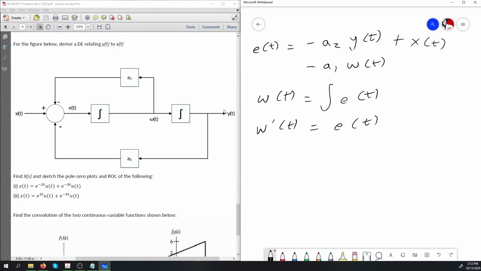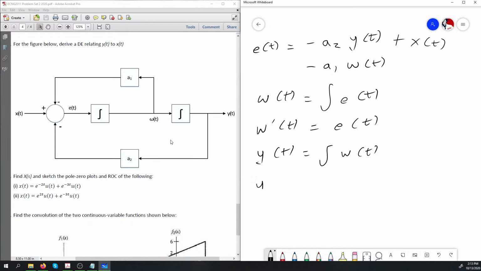If we watch our y of t signal here, just following the general trend, and we already have our omega of t signal here, y of t is just going to be omega of t, and then we just integrate that accordingly. So y of t here is going to be the integral of omega of t.